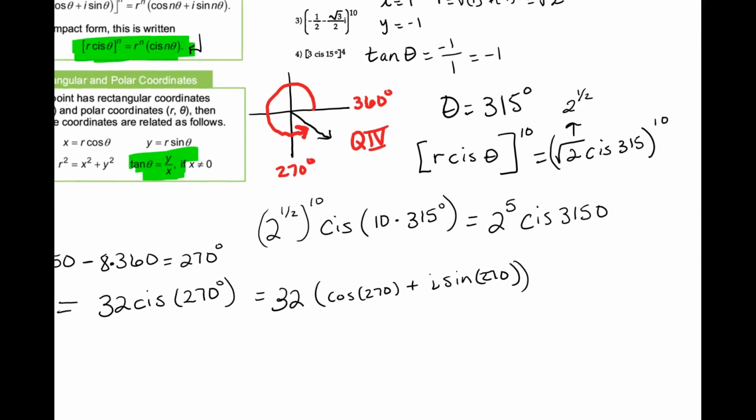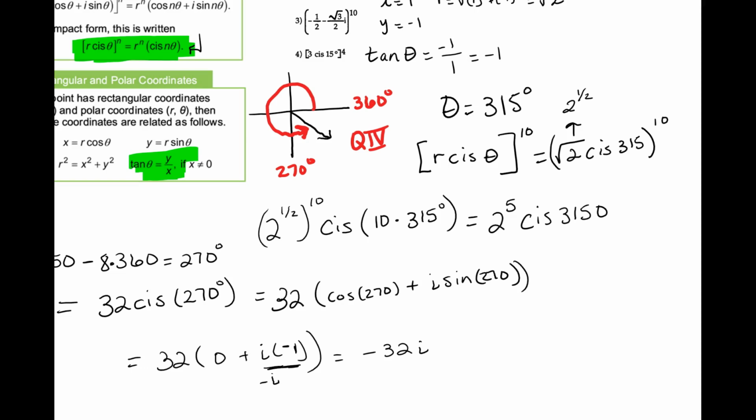Okay, right here. So then we have 32 times cosine 270, which was 0, plus i times the sine of 270, which was -1. So we end up with -32i, because this becomes -i.